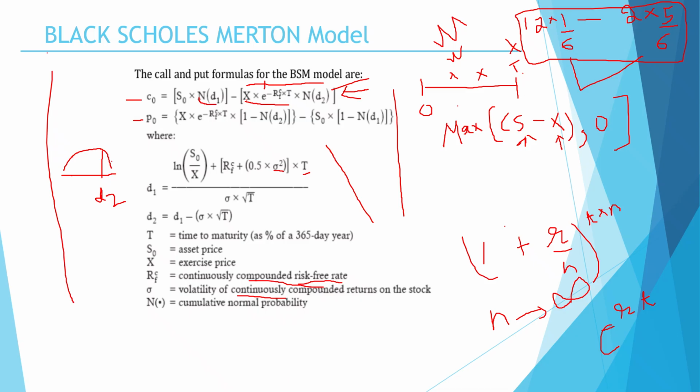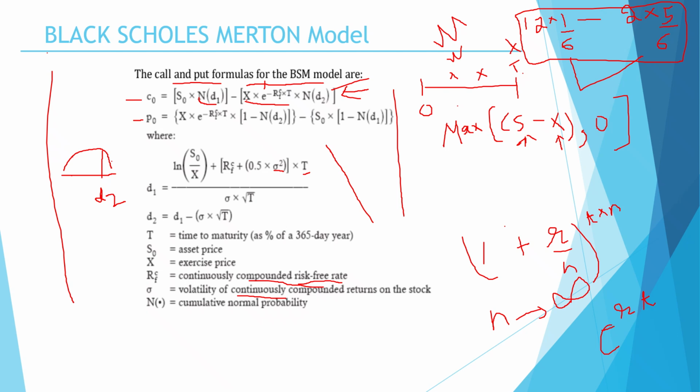Now what does ND1 represent? ND1 represents, if the stock price is greater than my strike price, so this is the conditional probability, then what will be the change in the value of the call option with respect to the change in the underlying asset.